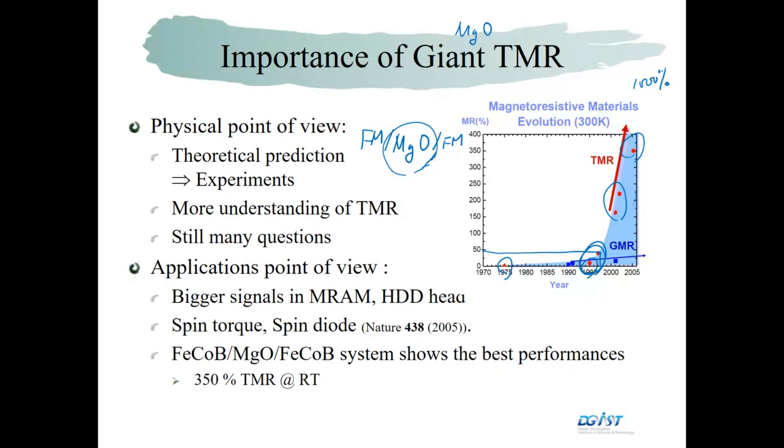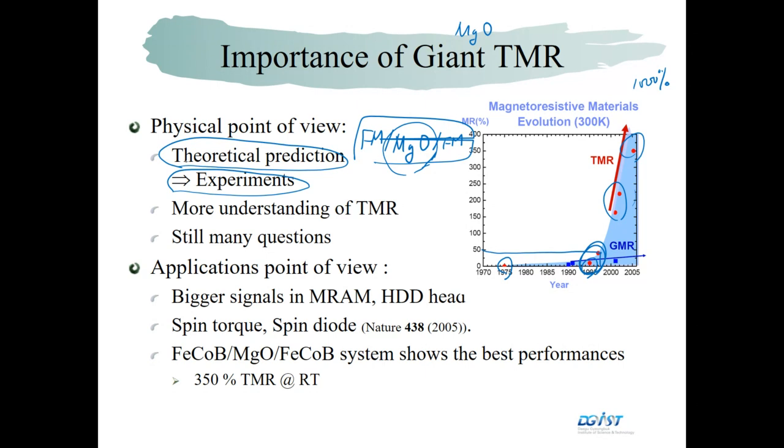But in this giant TMR, it's a very unusual case. There were some theoretical predictions. Some theorists predicted that if we make such a structure, we're going to have a large TMR. And then experimentalists tried to make these samples, and finally the prediction was correct.